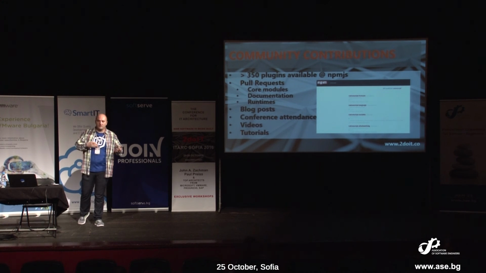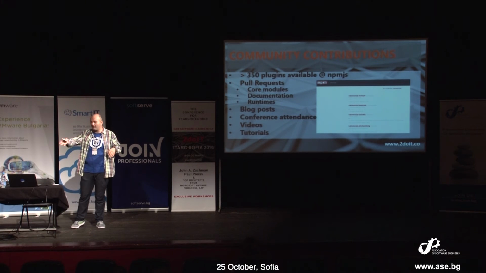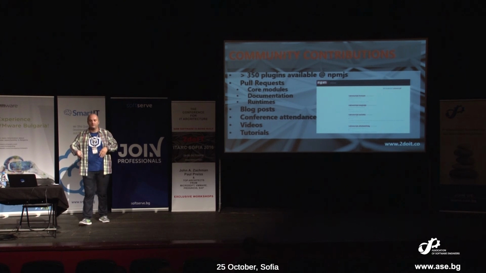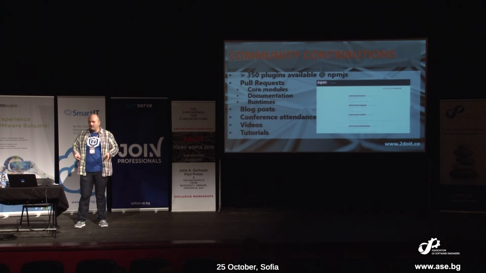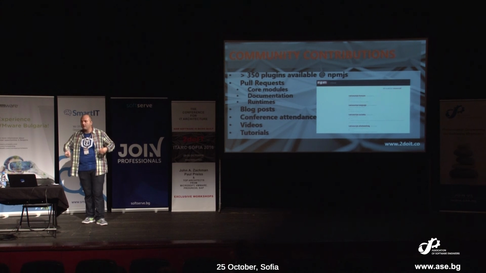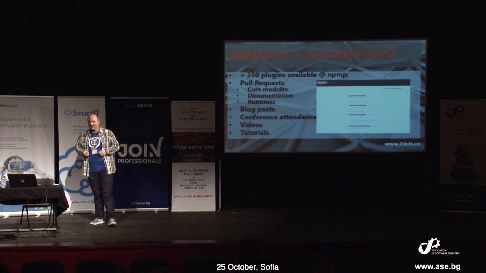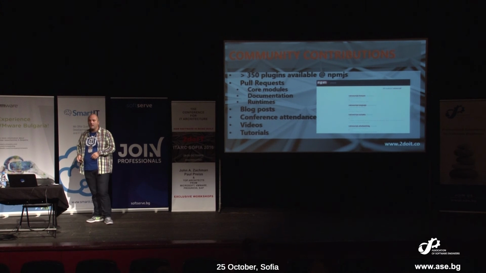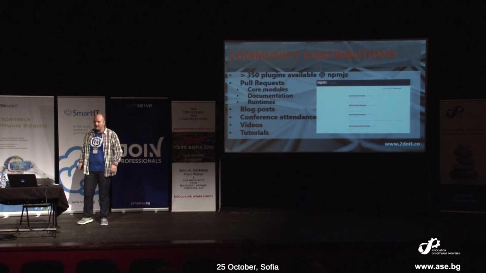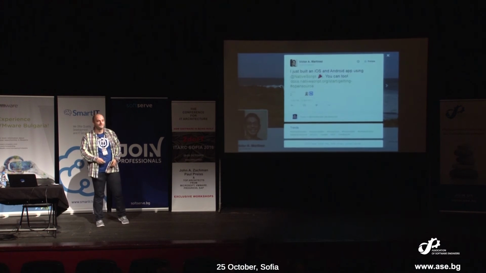There are pull requests that happen in the four repositories: the core modules repository, the documentation, and the runtimes repositories. There are blog posts by the community, conference attendance where community experts and community members get to our booth and help us with addressing questions. There are videos and tutorials created by the community. And when you do it right, you get this.